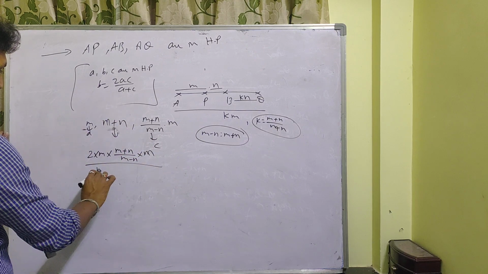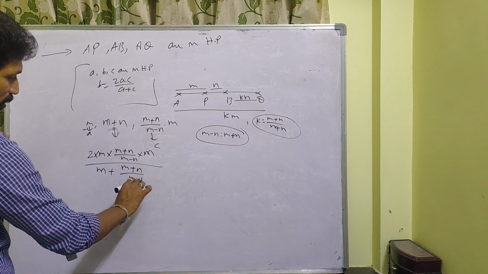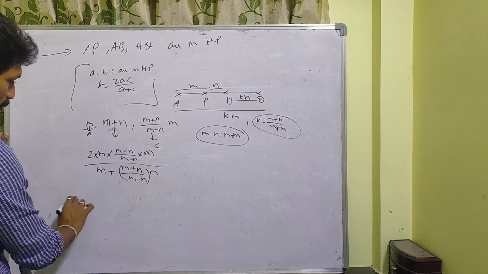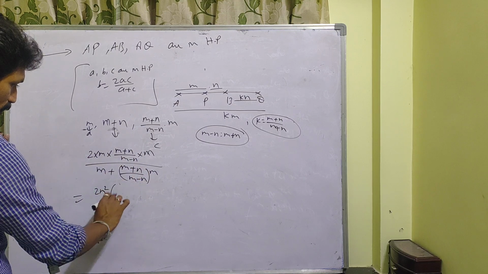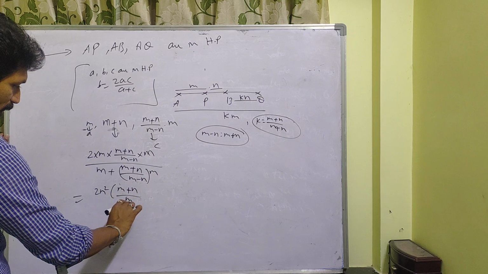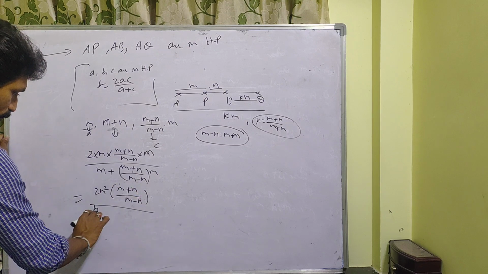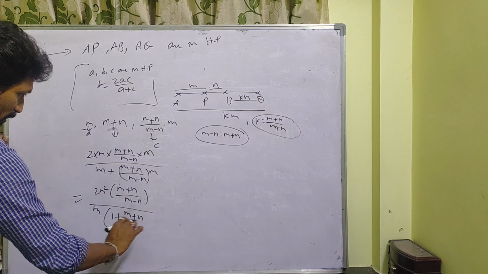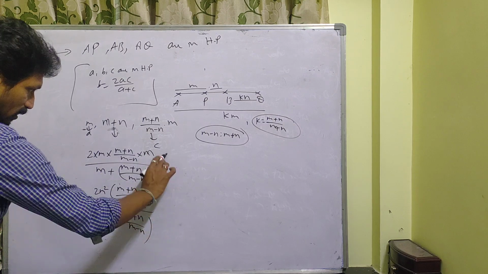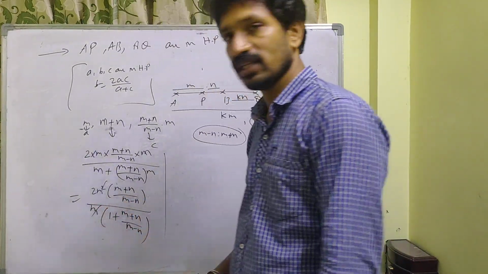A means here M plus C means here M plus N by M minus N into M. So here 2M square into M plus N by M minus N by, if you take m common here, what you have, 1 plus m plus n by m minus n. So please simplify here. M gets cancelled.